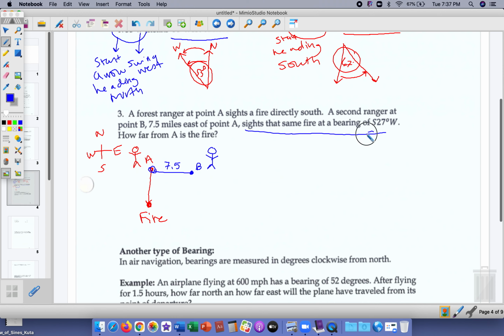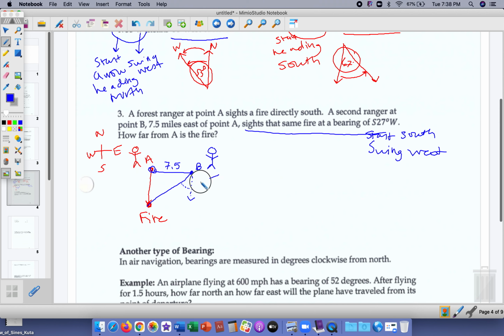So we're first going to start heading south, and then we'll swing to the west. So they're going to start looking south, so that they're looking down, and then their eyes swing west. So we go towards the west. And whenever we stop, draw that line.